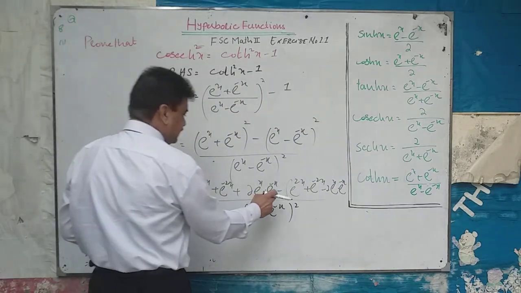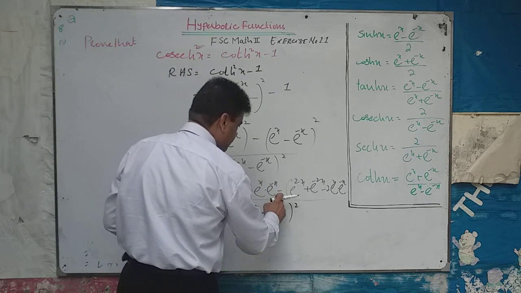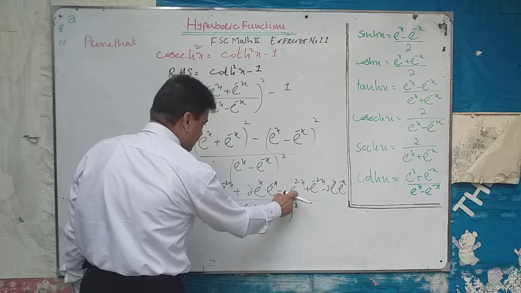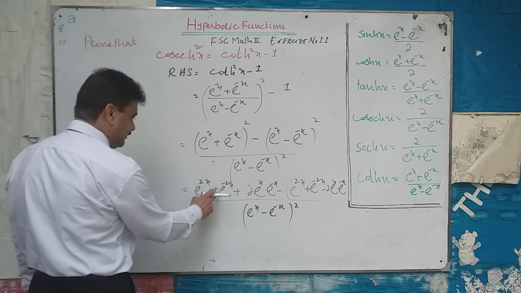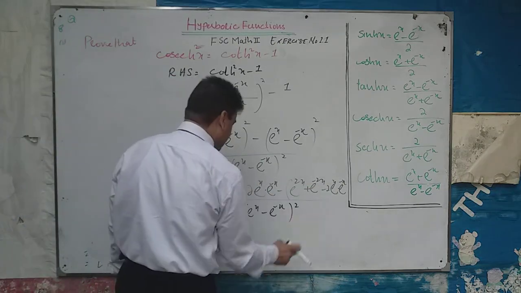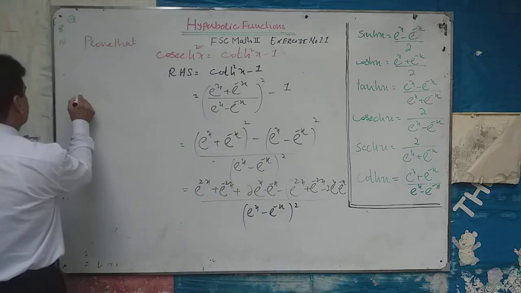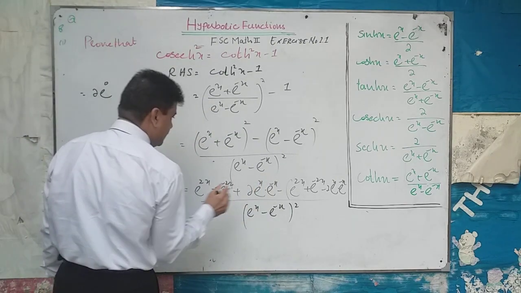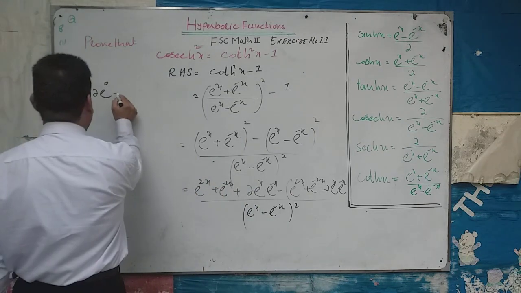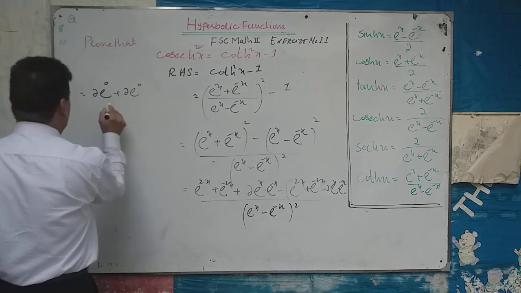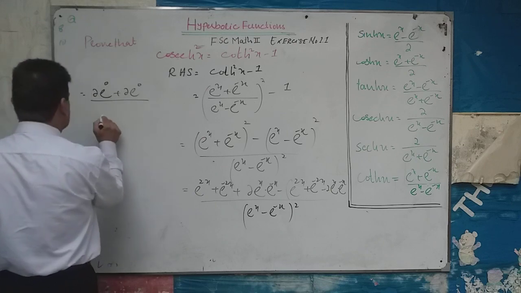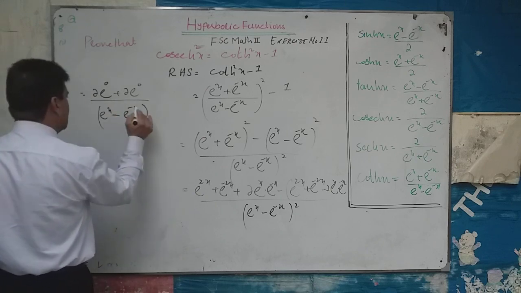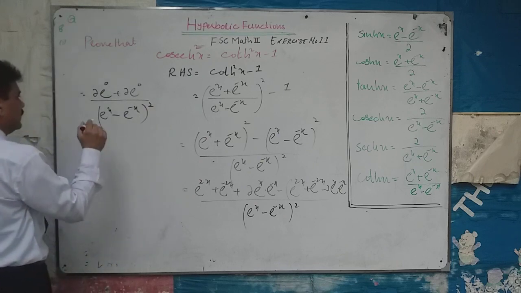When we multiply this negative sign in the bracket term, e raised power 2x minus e raised power 2x will be cancelled to each other. E raised power minus 2x minus e raised power minus 2x will be cancelled. We will get 2 e raised power 0 plus again 2 e raised power 0 by e raised power x minus e raised power minus x whole square.